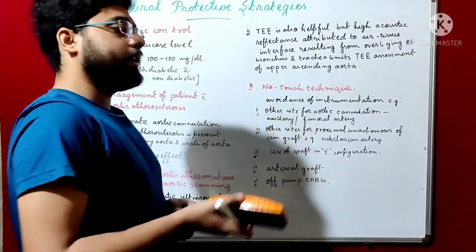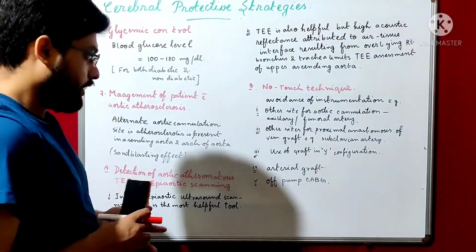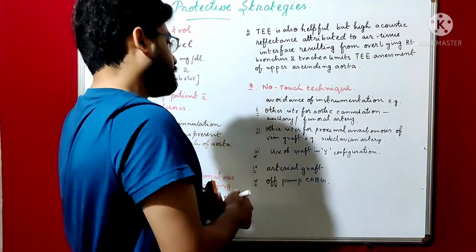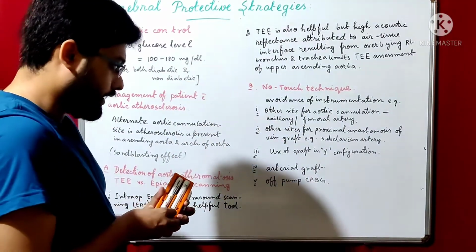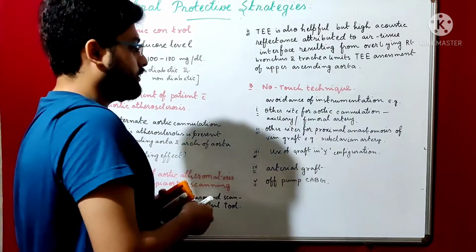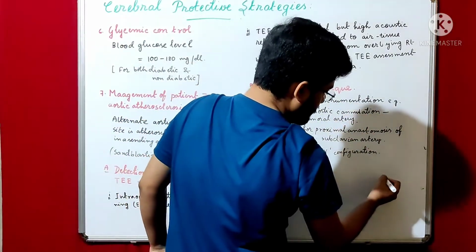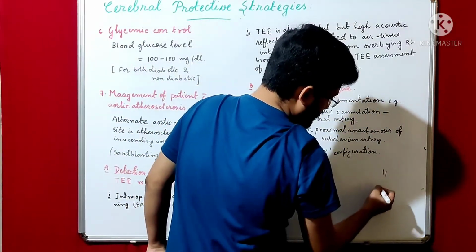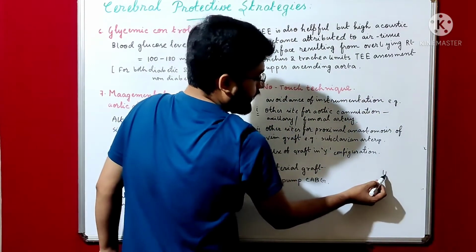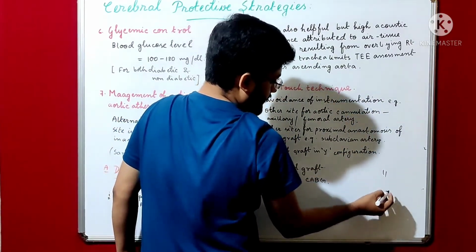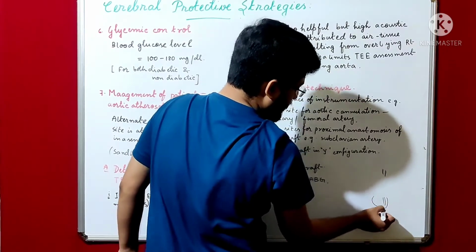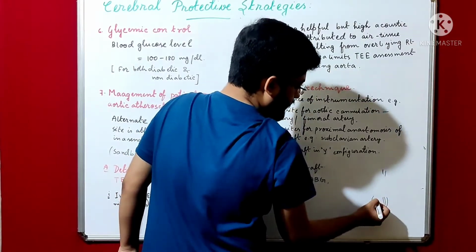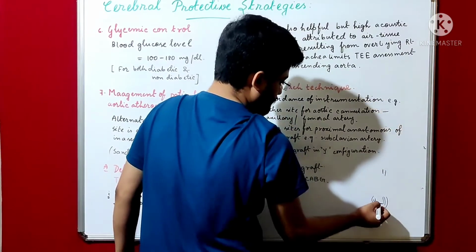If multiple venous grafts have to be used, then the grafts can be used in Y configuration. Y configuration means, if this is the subclavian artery and this is the heart, here is a coronary artery and here is another coronary artery.